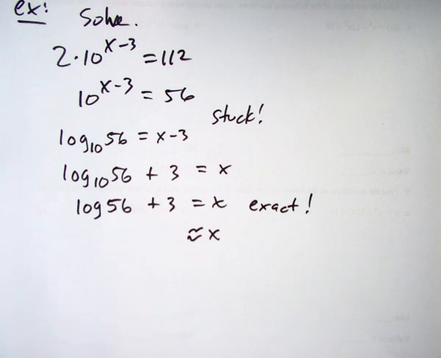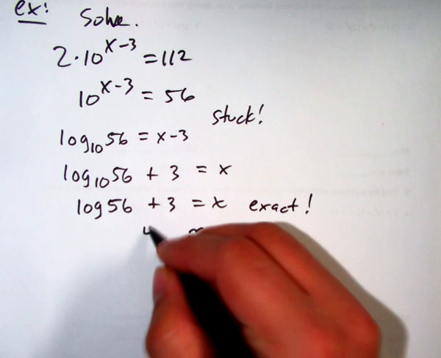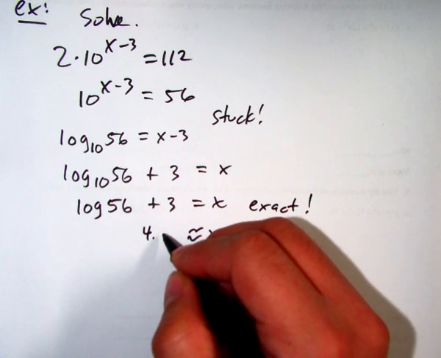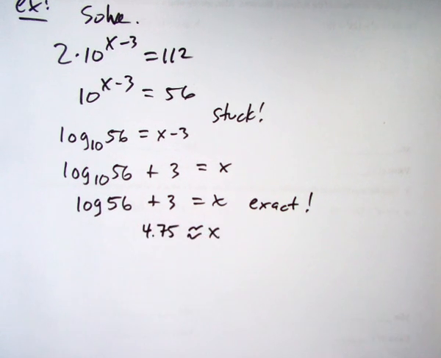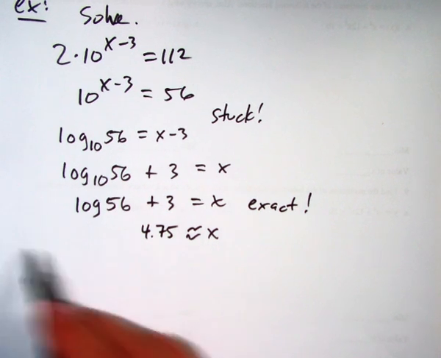You just press the log button, type in 56, close the parentheses, and add 3. Let's see, I'm getting about 4.75.